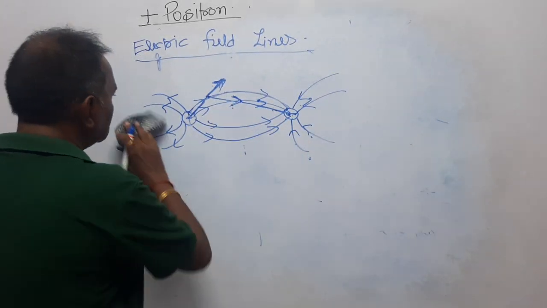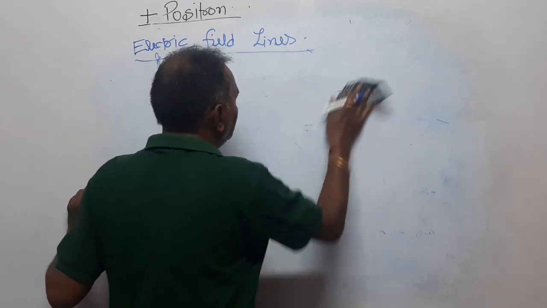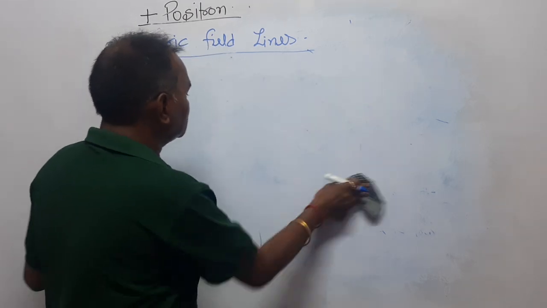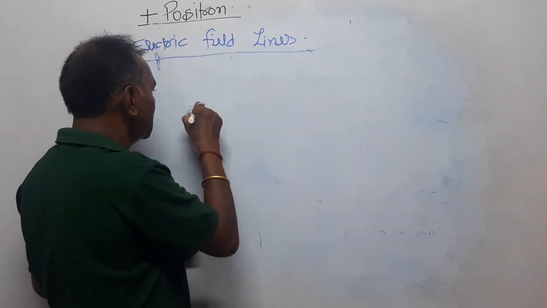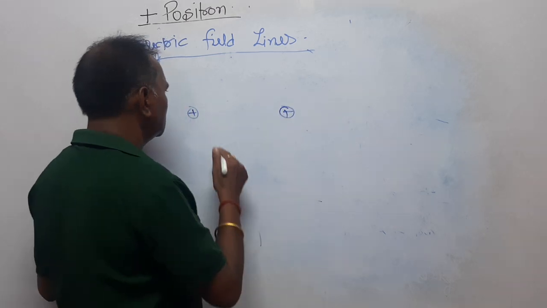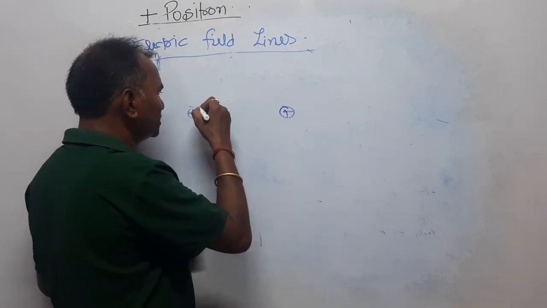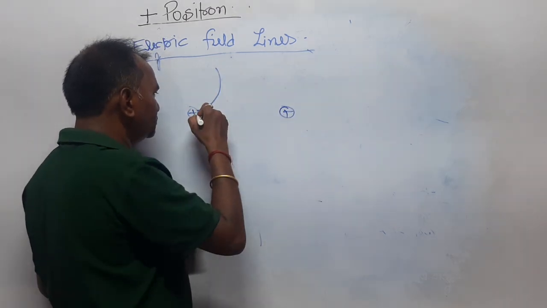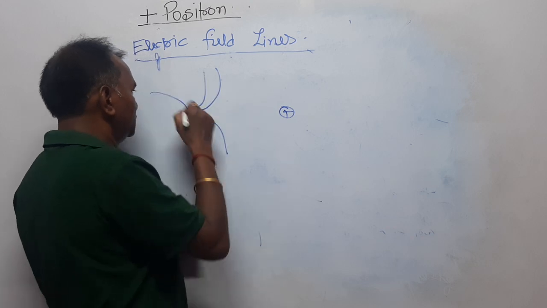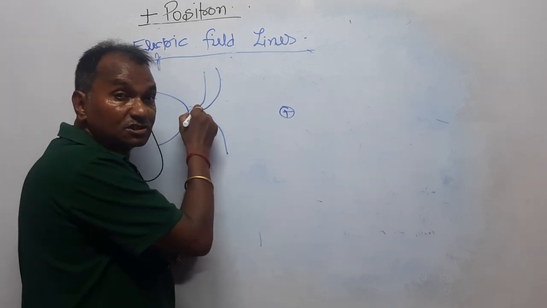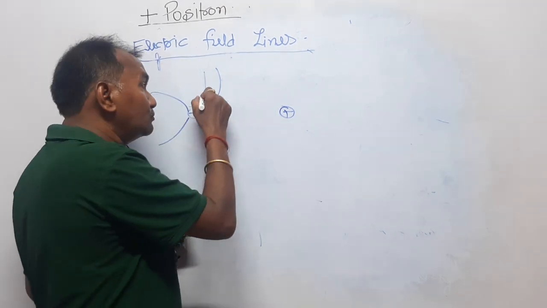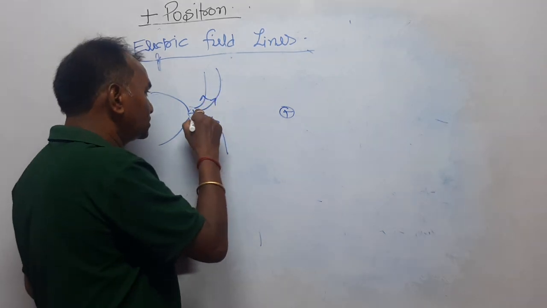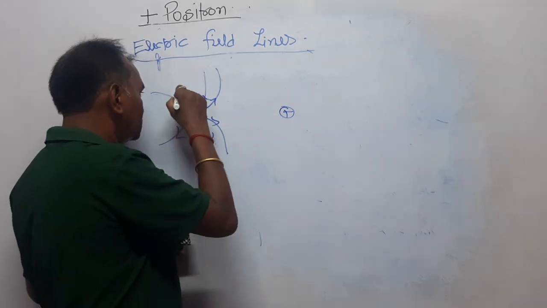Now, dear students, if you consider two positive charges, one is this and the other is this. Now, the field line will begin here and it will move like this, right? And it is a positive charge, so the field line will move away from this positive charge, right?